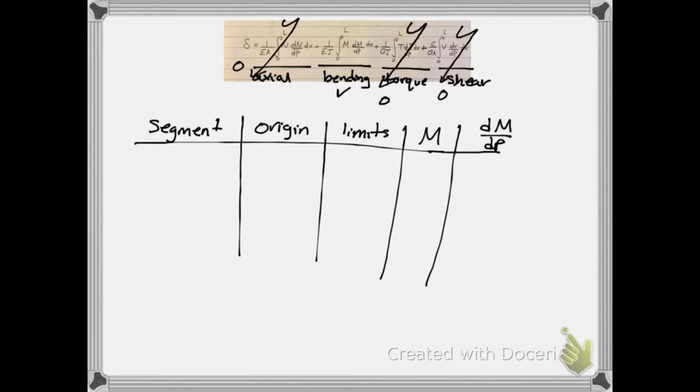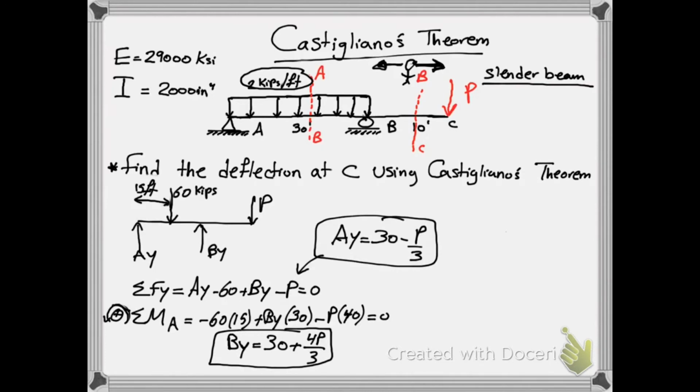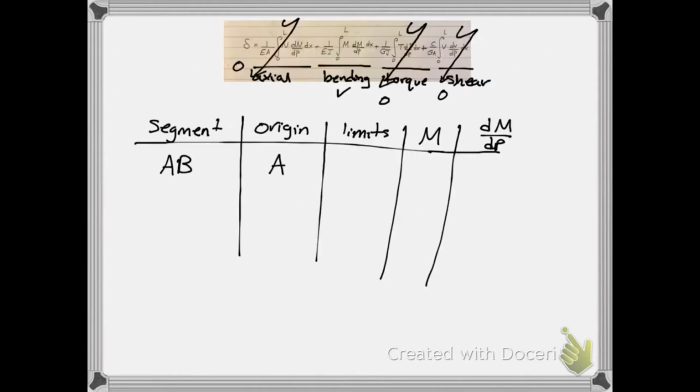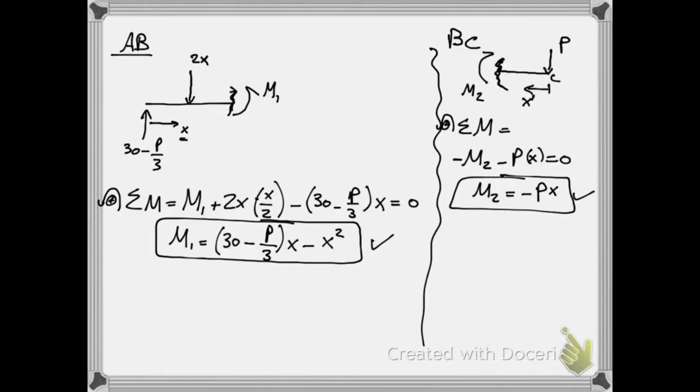So segment AB, the origin is at point A, the limits are from 0 to 30, moment, well, it's going to be M1, we found that to be this one.